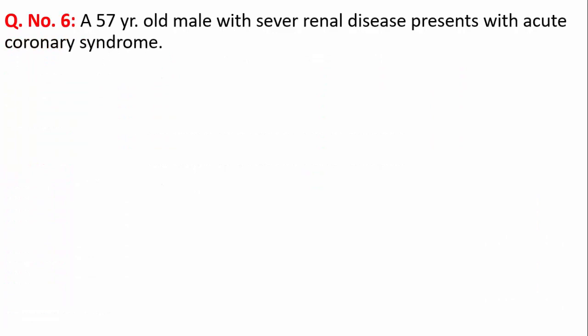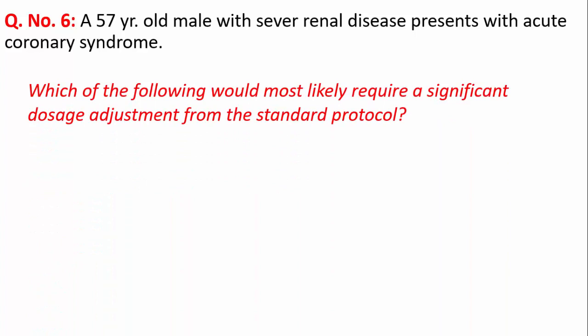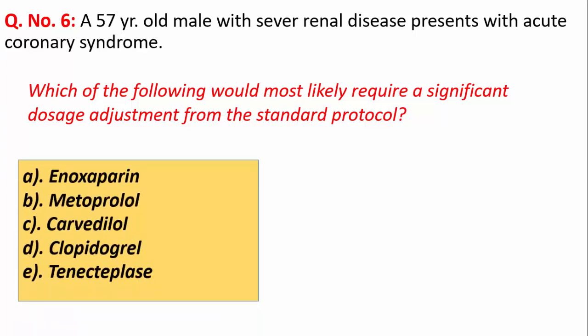Then a 57-year-old male with severe renal disease presents with acute coronary syndrome. Which of the following would most likely require a significant dosage adjustment from the standard protocol? So we have already discussed that in severe renal disease, ACE inhibitors or ARB blockers need a dosage adjustment most likely.